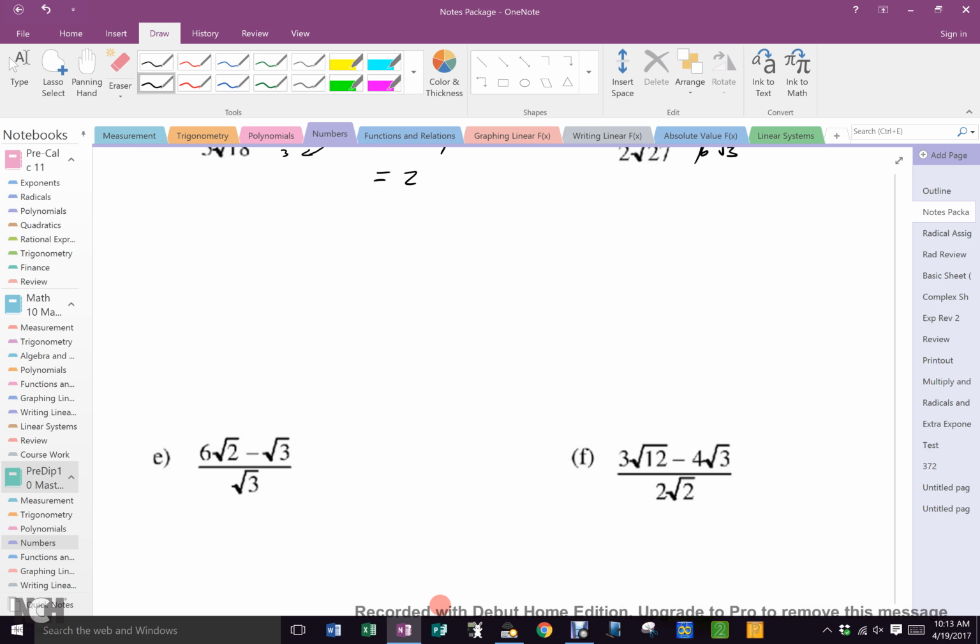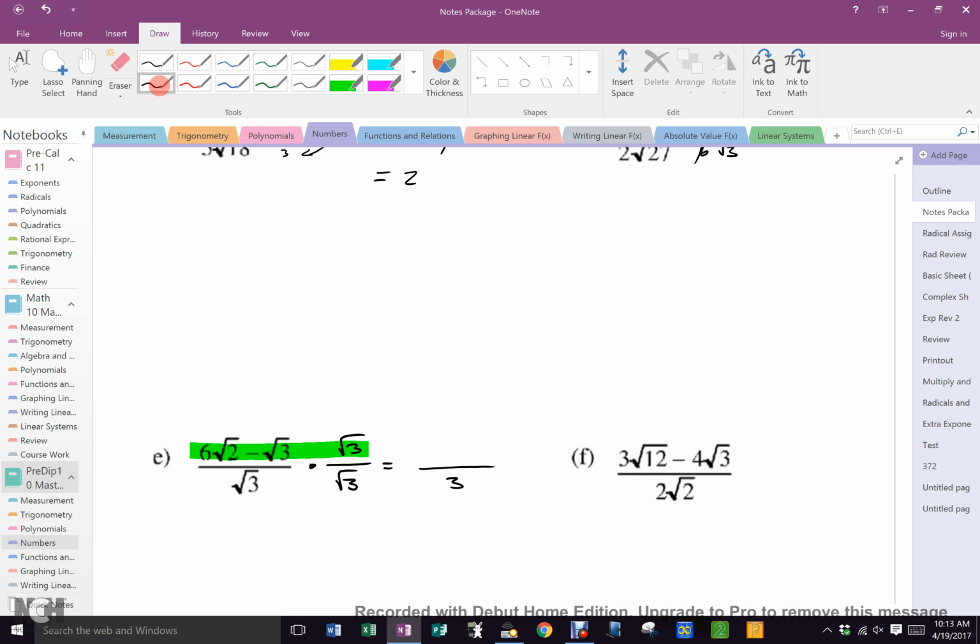What about that is not okay? The root on the bottom. So I know I got to multiply by root 3 over root 3, yes? And I know on the bottom that's going to get me 3, because root 3 times root 3 is 3. Now, up top I'm multiplying, but what's different about this now?